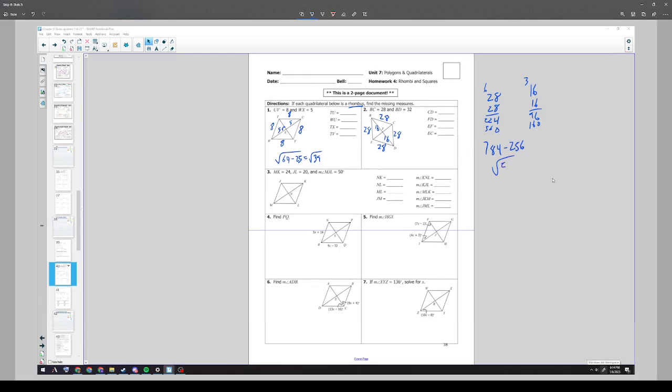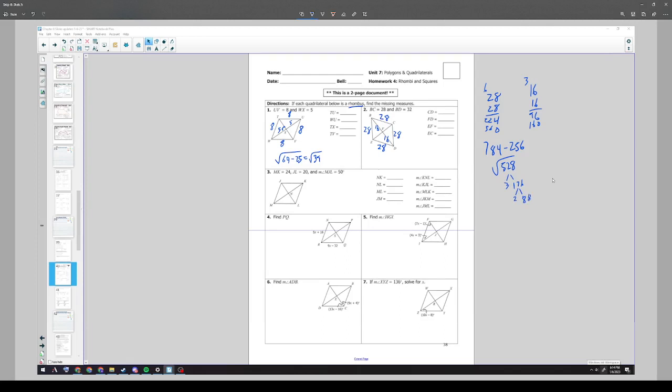So we get the square root of 528. Whew. 528 looks right. Can we simplify that? I have no idea. The digits add up to 15, so I know I can divide by 3. So that would be 3 and 176. 176, I can see it's even, so that's divisible by 88.